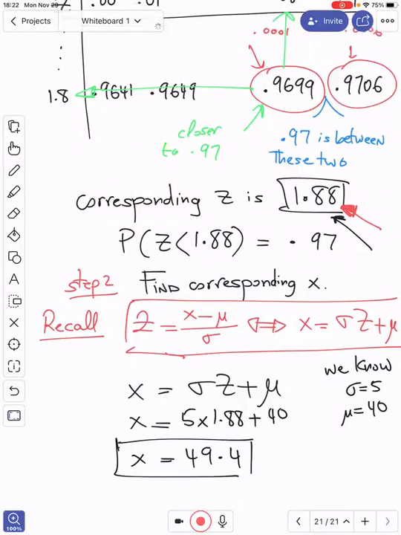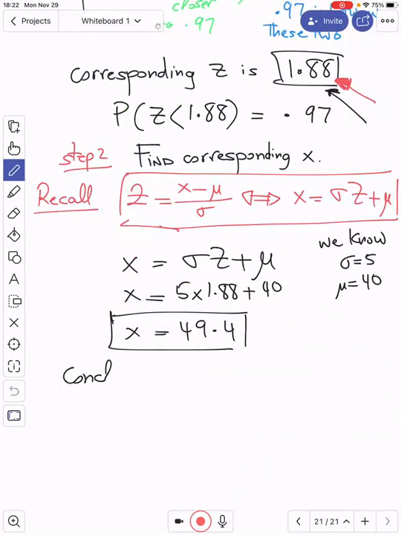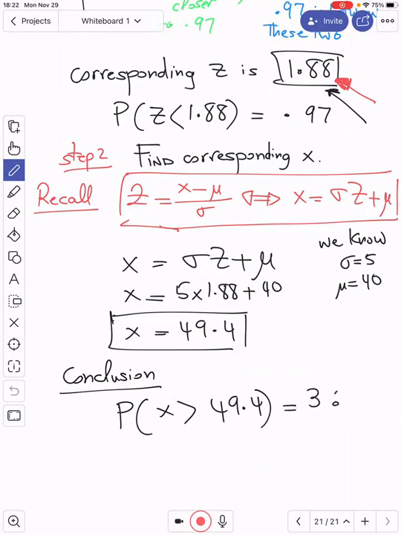So in other words, the probability that X is larger than 49.4 is 3%.